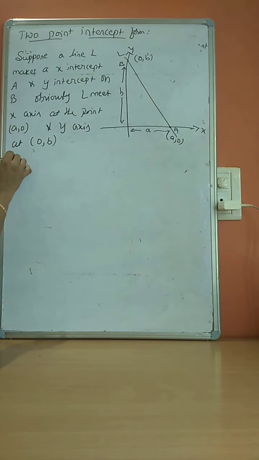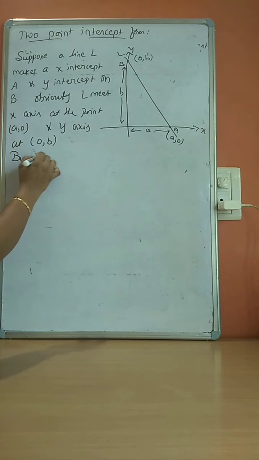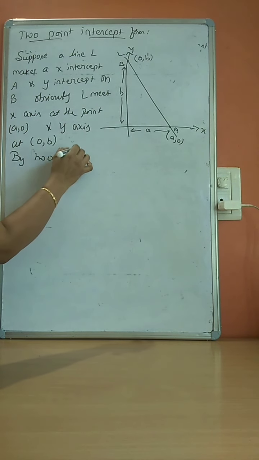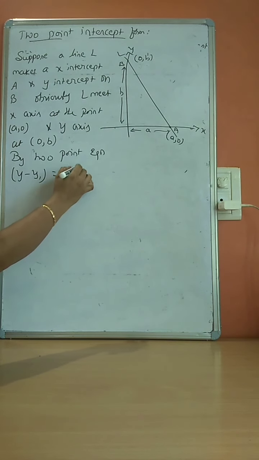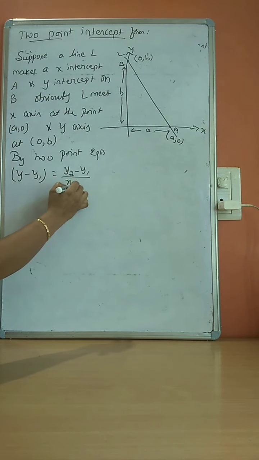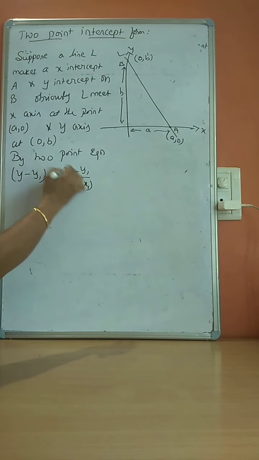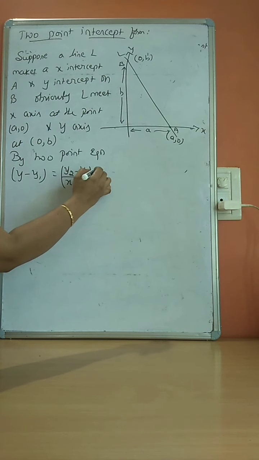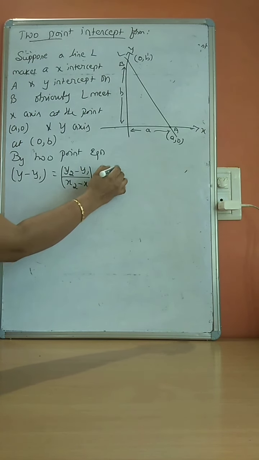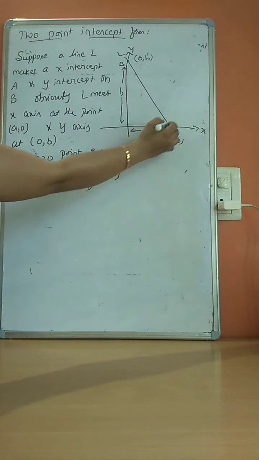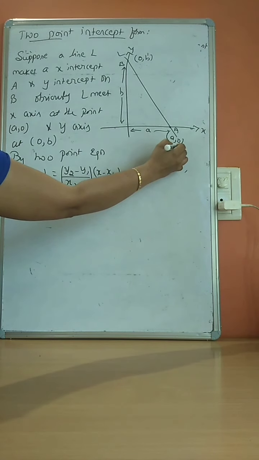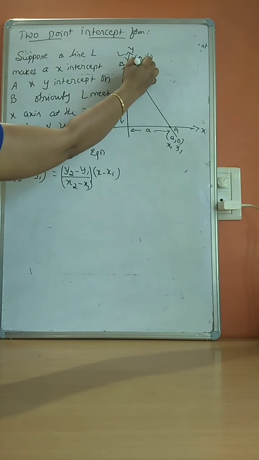By the two-point equation, so our two-point equation is y minus y1 equals y2 minus y1 divided by x2 minus x1, into x minus x1. Let us represent this point as x1, y1 and this one as x2, y2.